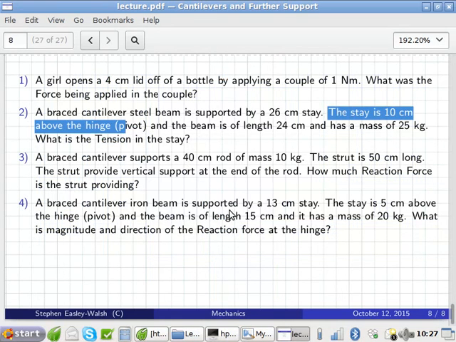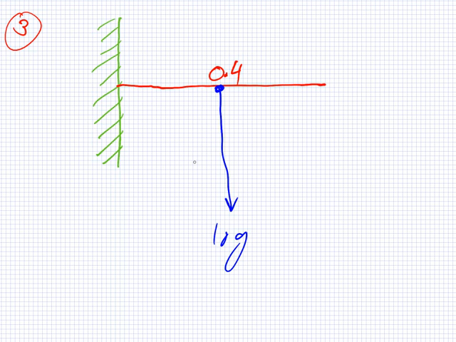The strut is 50 centimeters long, so I'll draw it in black. This piece here is 0.5. So what must this piece here be? This length? 0.3. Must be 0.3. Thank you, Pythagoras.